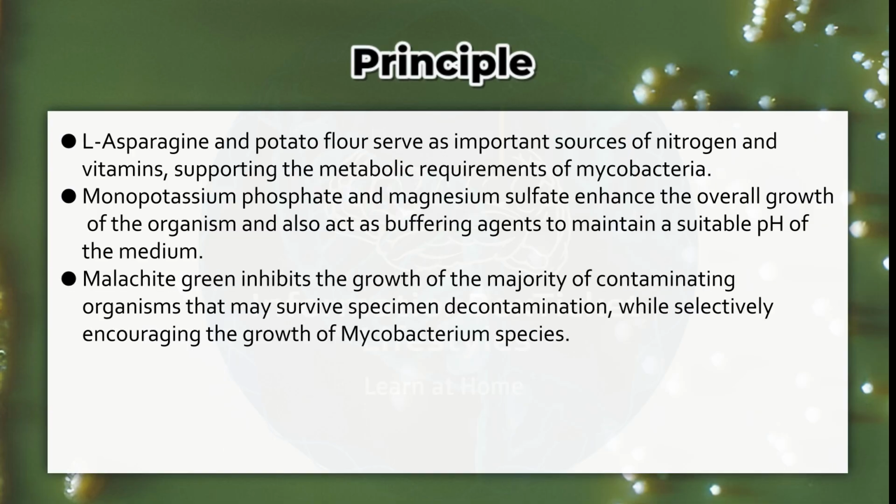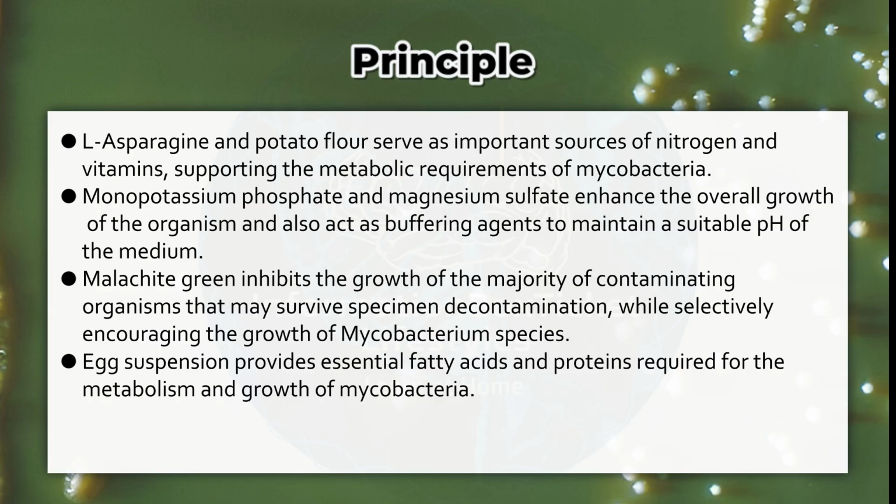Malachite green inhibits the growth of the majority of contaminating organisms that may survive specimen decontamination, while selectively encouraging the growth of Mycobacterium species. Egg suspension provides essential fatty acids and proteins required for the metabolism and growth of mycobacteria.